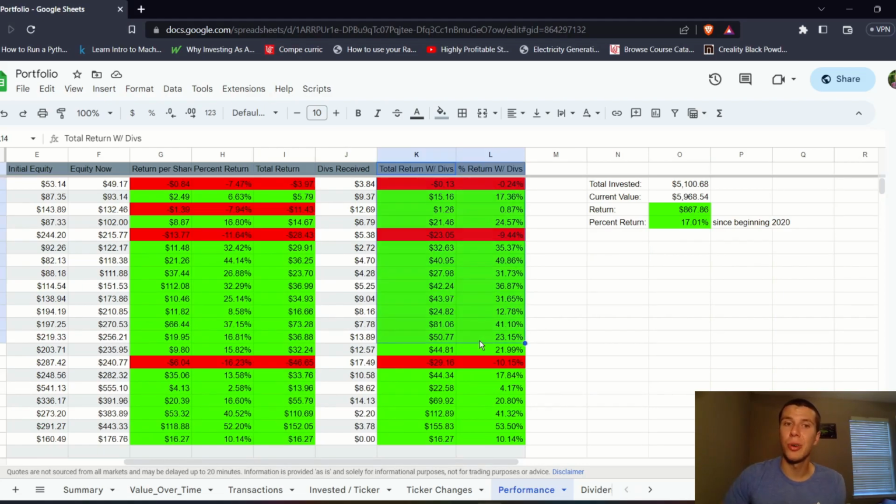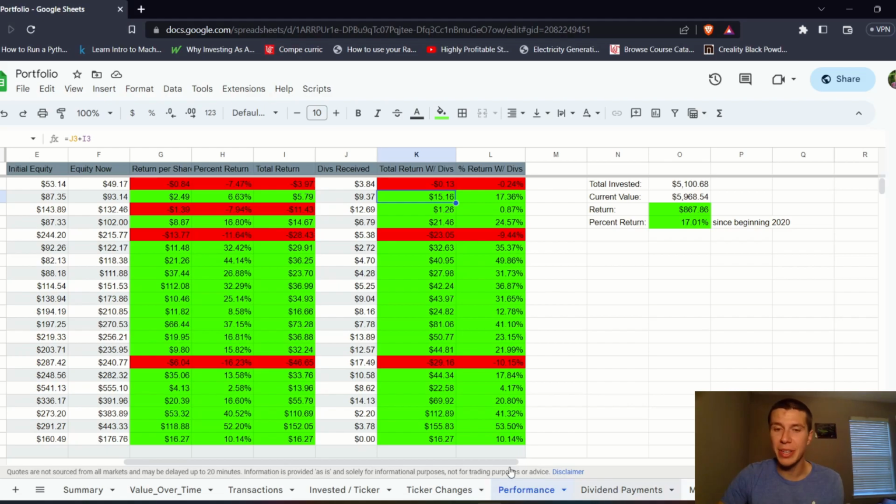So, as I receive more and more dividends, this total return with dividends column will look better and better, because any capital gains or losses are added to by the dividends, and that's added into the total return there.